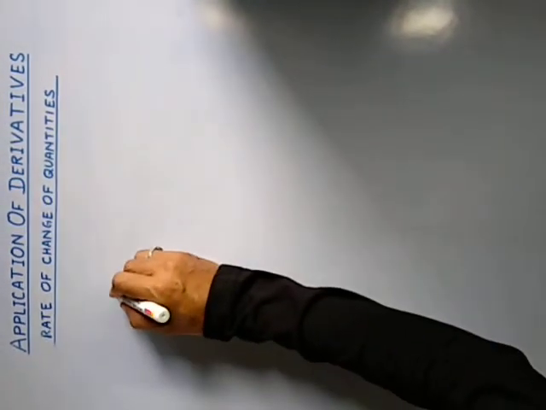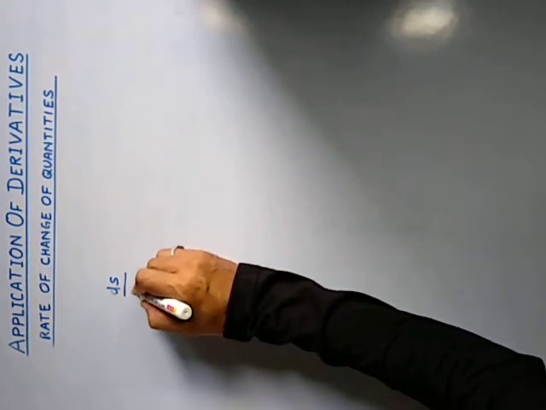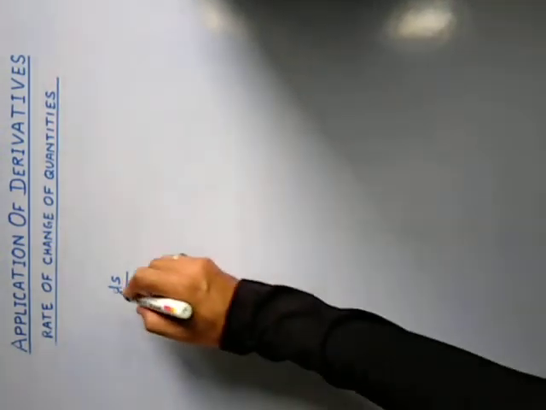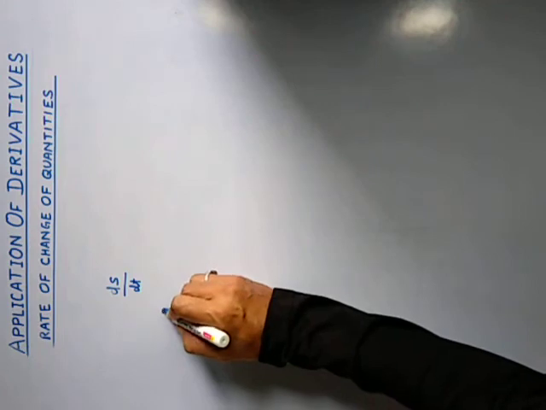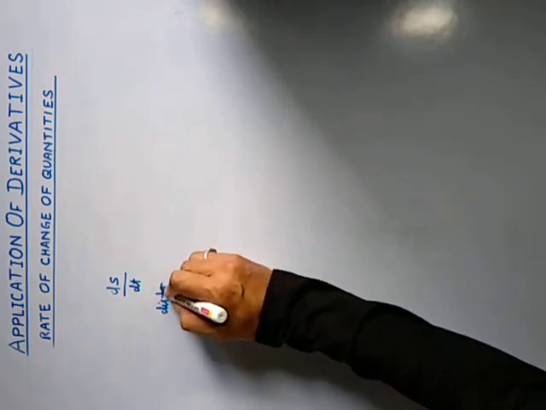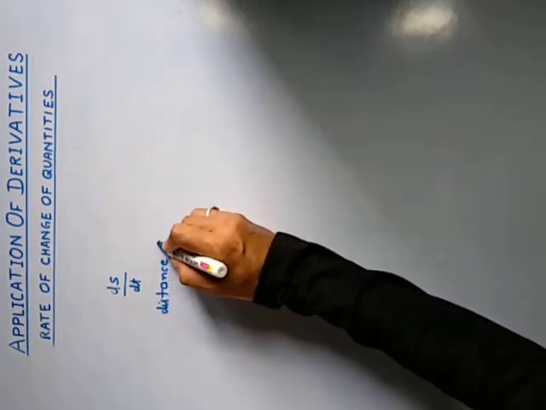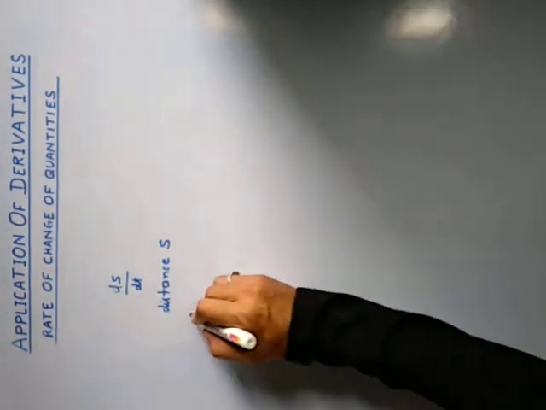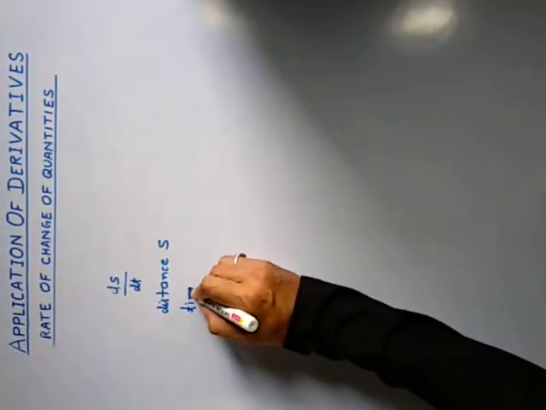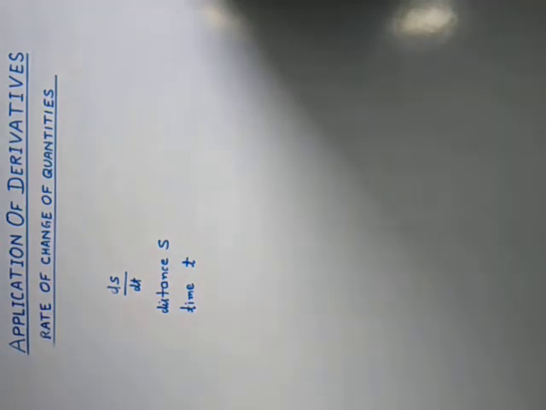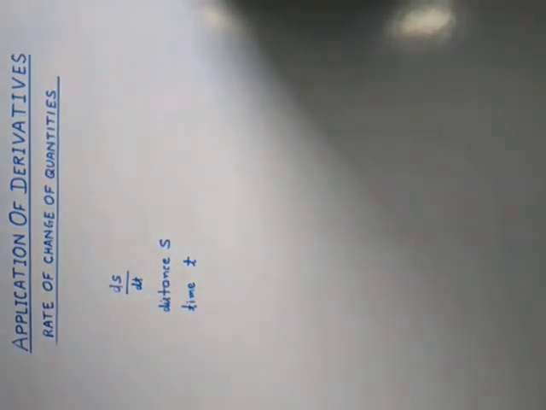Recall that by the derivative ds over dt, we mean the rate of change of distance s with respect to time t.